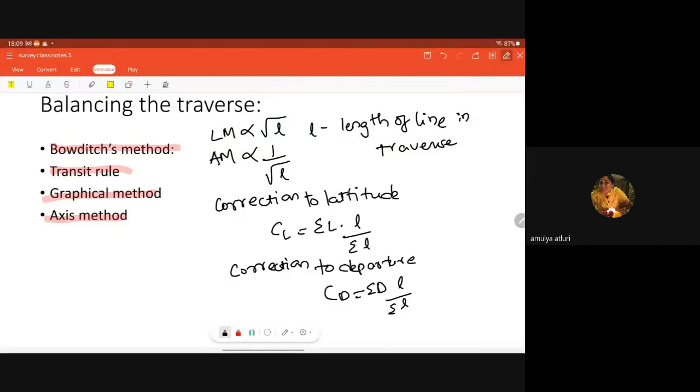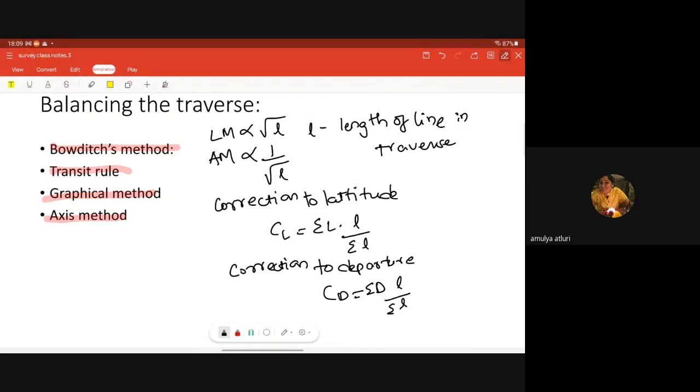It is nothing but the perimeter of the traverse. Okay. So this is the Bowditch rule.